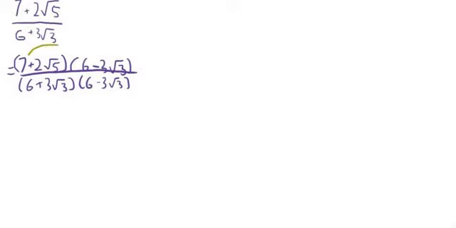So first we have 7 times 6, 42. Then we have 7 times 3 root 3, which is minus 21 root 3. Then we have 2 root 5 times 6, which is 12 root 5.